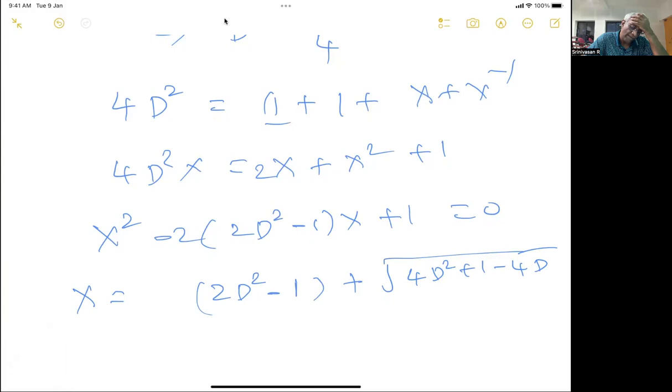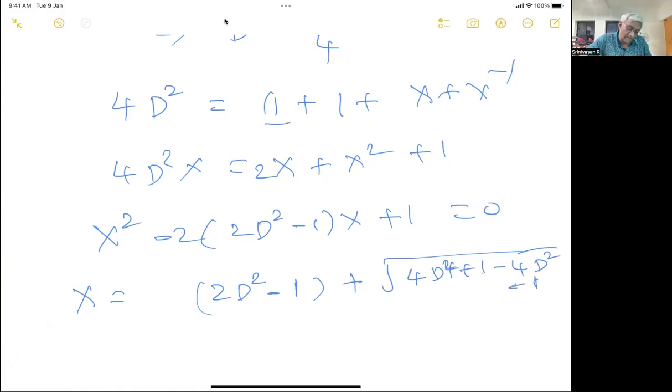Something should cancel, no? Oh, this is d square. So d power 4. So this is d square plus 1 d square minus 4ac. So that 4 I'm taking out. Okay, so it's okay. So this is minus 1 d square minus 4ac.